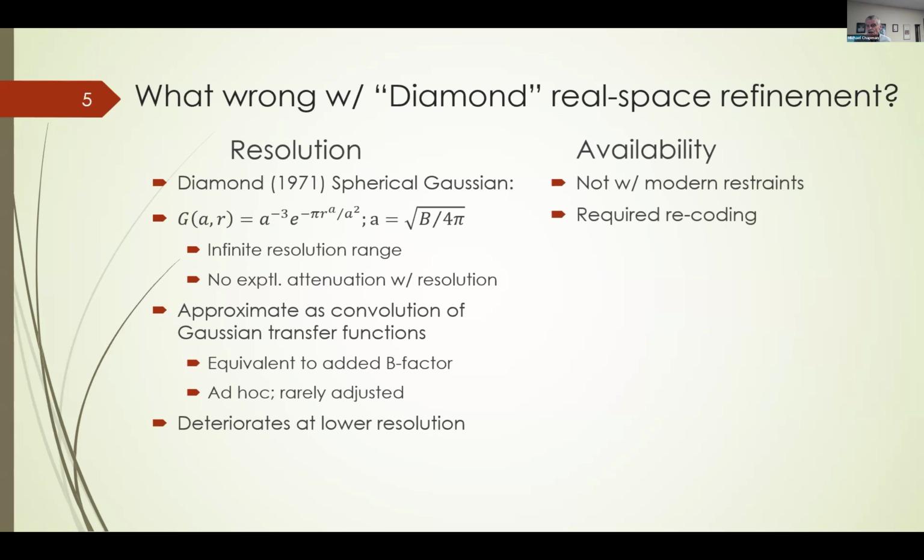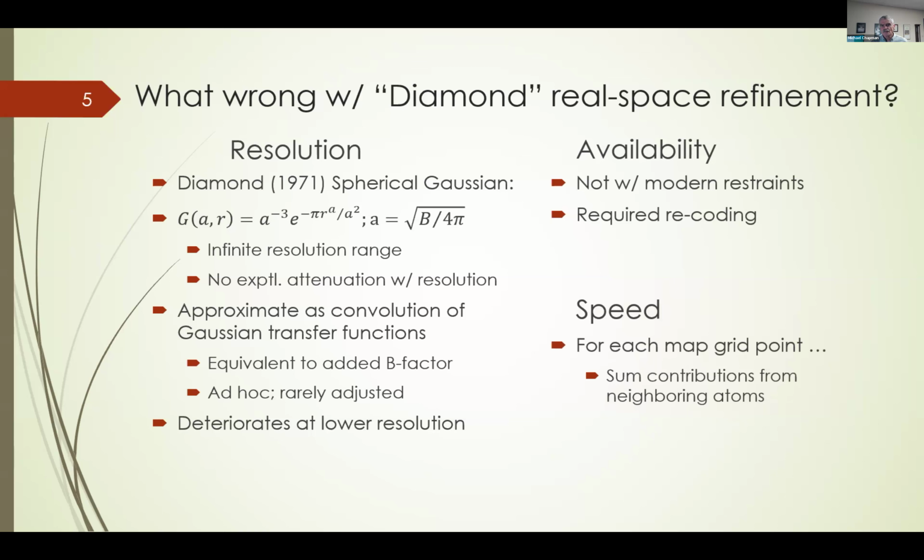Finally, by about 20 years ago, many were wanting to use molecular dynamics methods for flexible fitting, and anticipating that Diamond's algorithm would be too slow for the many functional evaluations that are needed in such algorithms. The question of speed comes up because for each grid point, you've got to sum the contributions of several neighboring atoms and have to do this many times over.